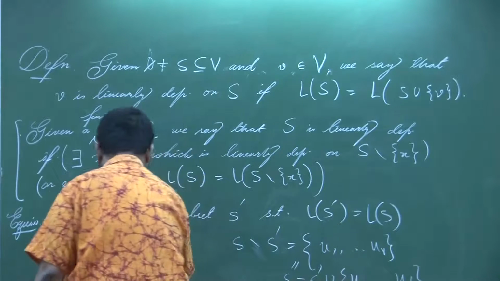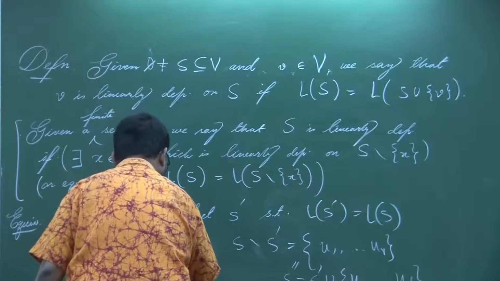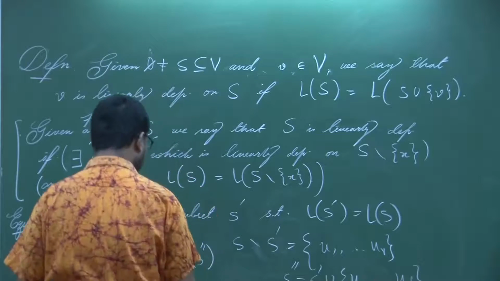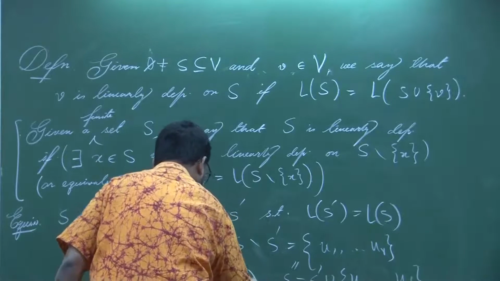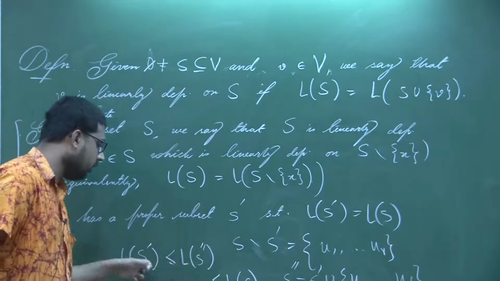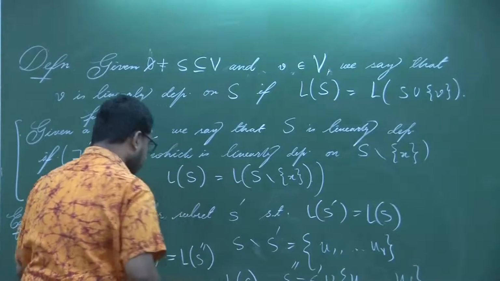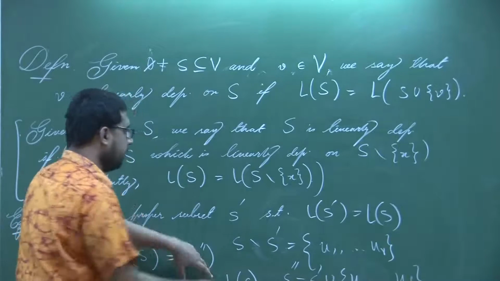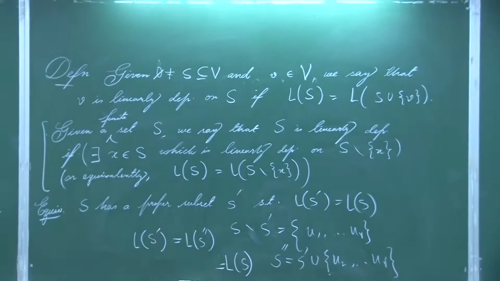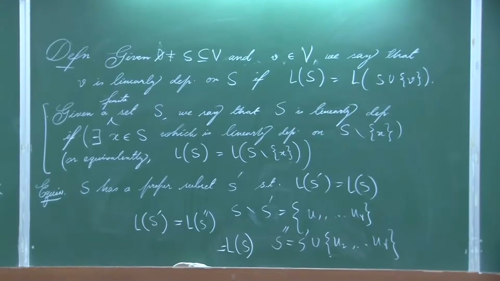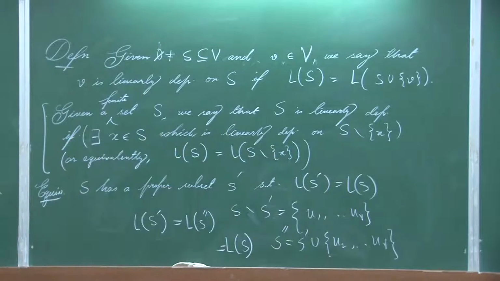Now it is easy to see that L S prime is a subspace of L S double prime, and both are subspaces of L S, okay. But since I know this equals that, therefore in the midway everywhere there will be equality. So thus we have a situation where by missing one point the linear span is the same, okay. So this is also an equivalent way of putting linear dependence.